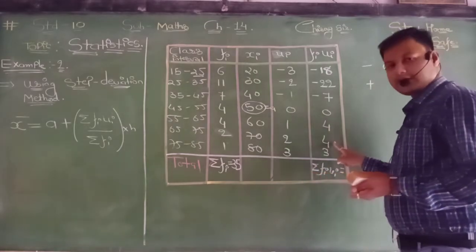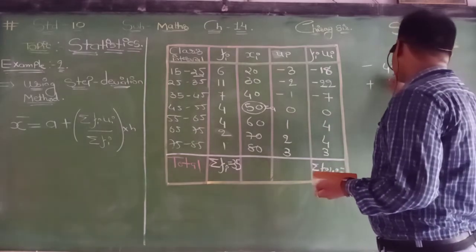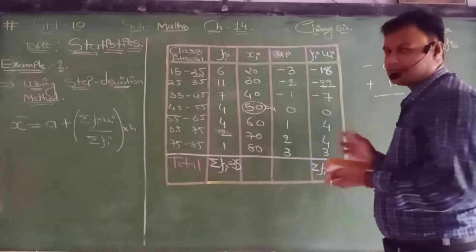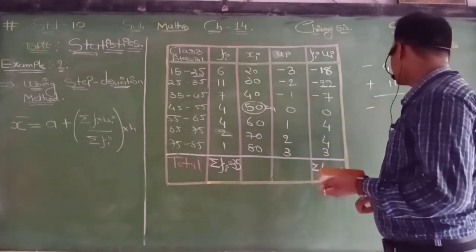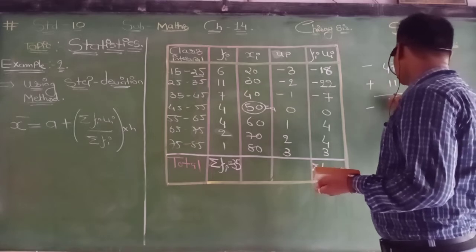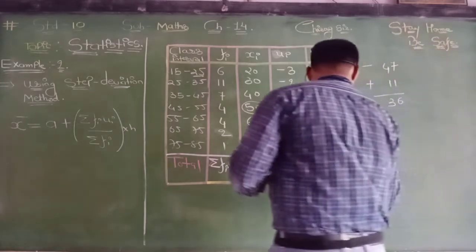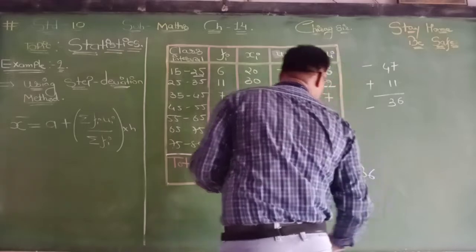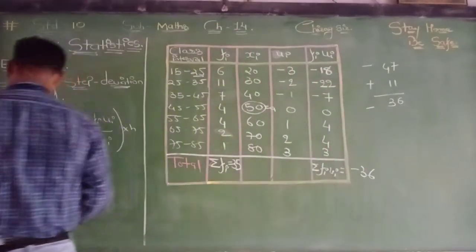Then 4 plus 4, 8, 8 plus 3, 11. Plus and minus gives minus, the sign will be of the greater. 47 minus 11, that is 36. The answer is minus 36.